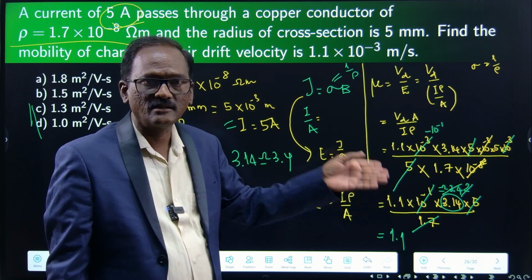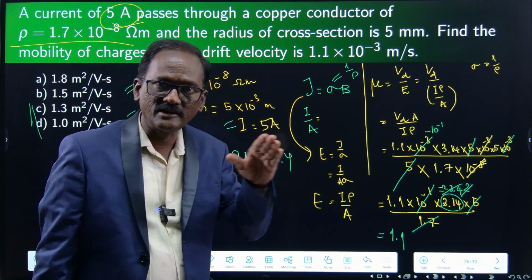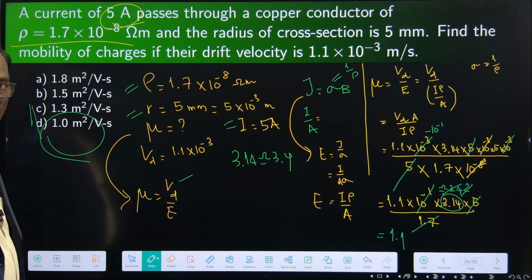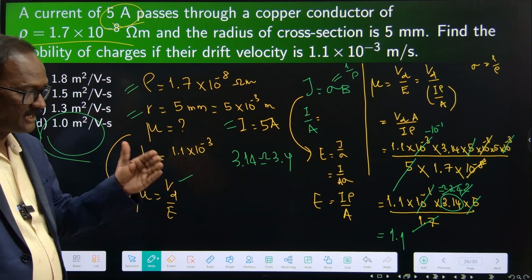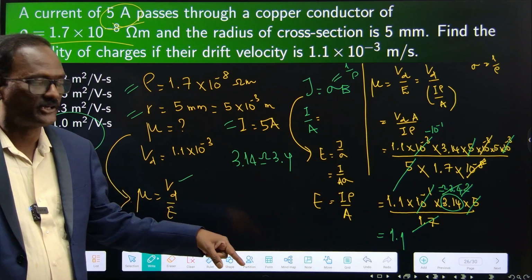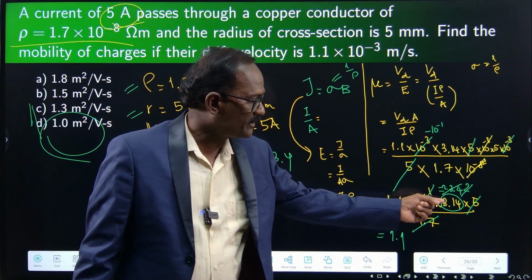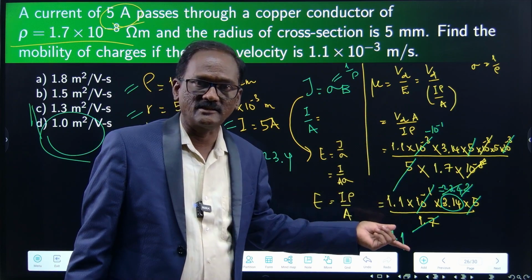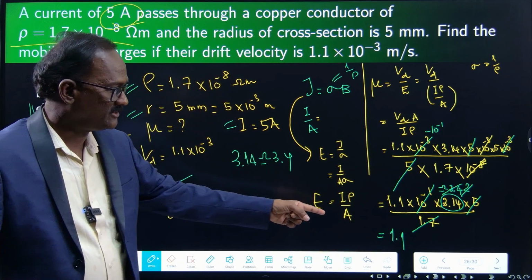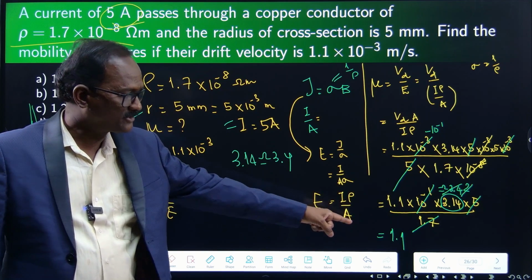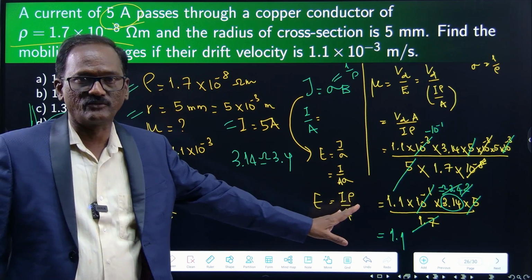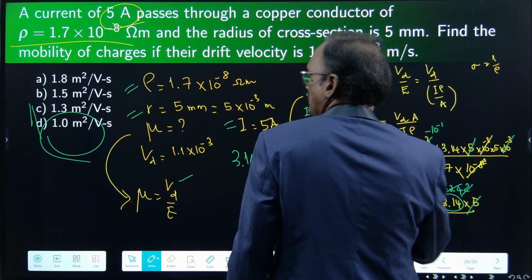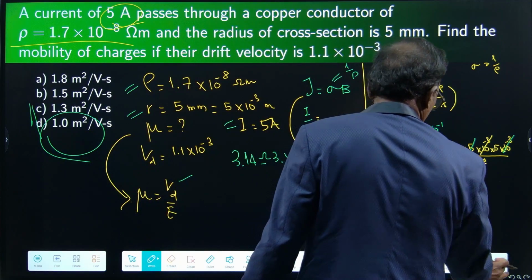The 1.1 is the bigger number, so the correct answer should be less than 1.1. Then 1 should be the answer. The accurate answer must be lesser than 1.1, because after assuming 3.14 as 3.4, we are getting 1.1. 1.1 is at the higher end, so we have to decrease the value. To get the actual value, it must be lesser than 1.1. So, clear? The answer is 1 meter square per volt second.